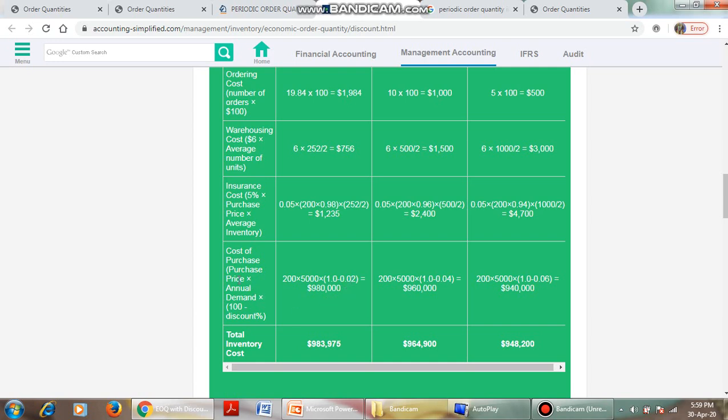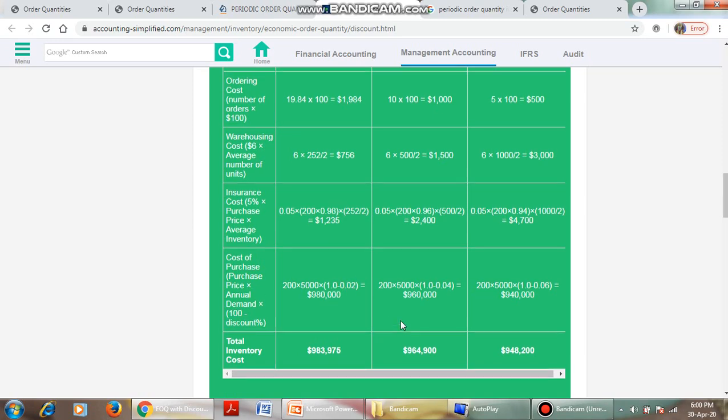That is, just see here, it is clearly given, 100 minus discount. See here, 2% discount. I'll tell you a simple way. The purchase price is 200, given in the problem. The annual demand is 5000, and 100 in the sense we convert to a percentage: 1.0 minus the discount 0.02.